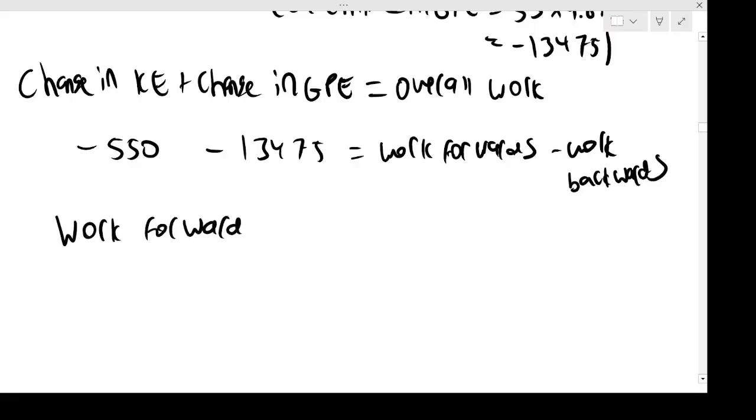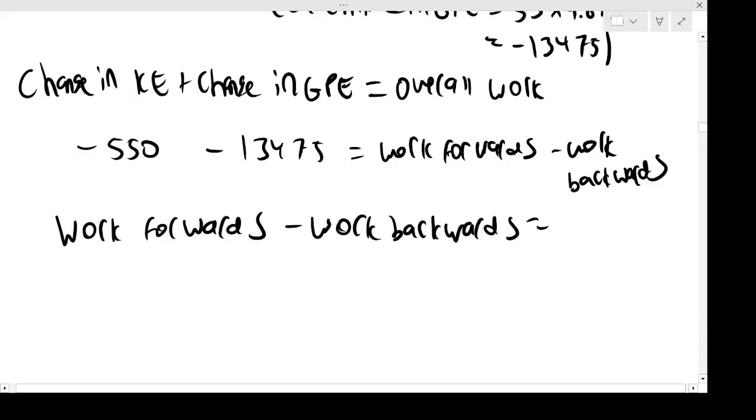I'll rewrite it and simplify this. Work forwards minus work backwards equals, if I do minus 550 minus 13475, I get minus 14025.